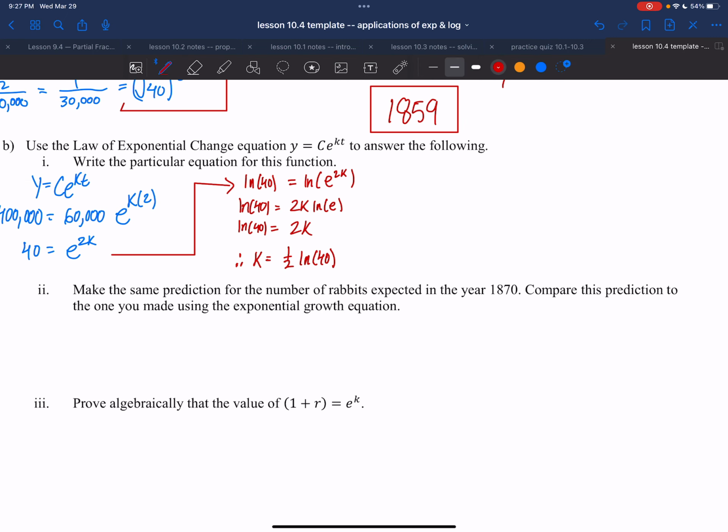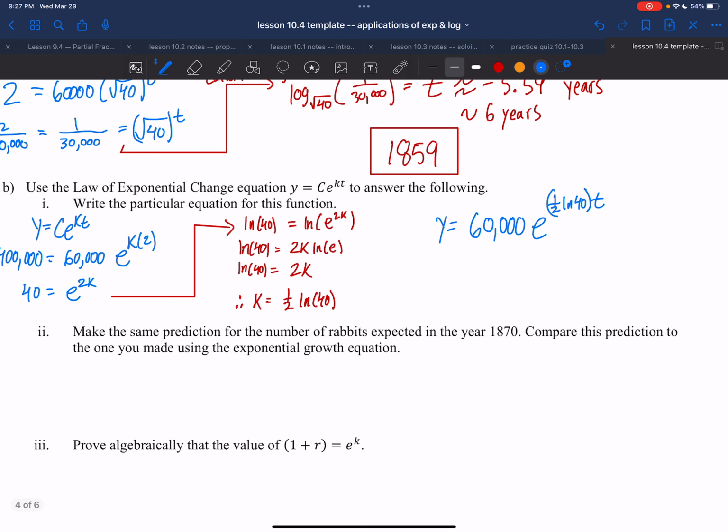So if you want to be ultra accurate, the particular equation is y equals, sorry, what do we start with? 60,000 rabbits times e to the k, which is 1/2 natural log 40 times t.